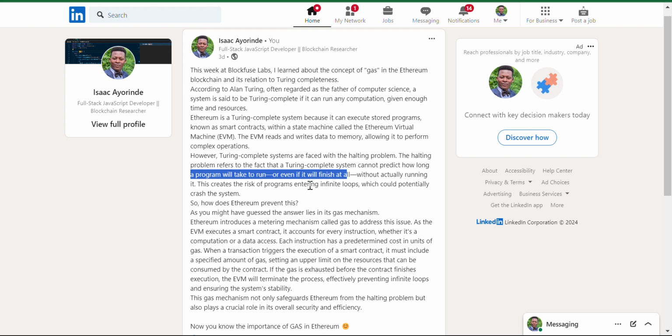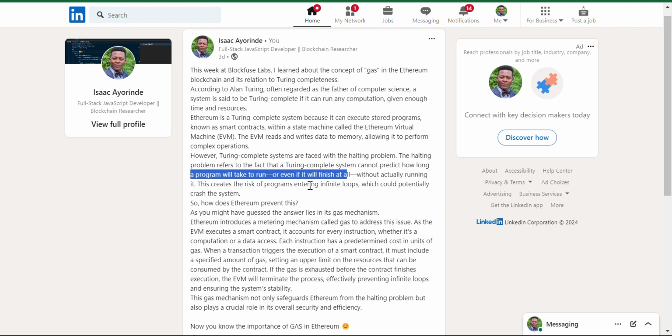So how does Ethereum prevent this? As you might have guessed, the answer lies in its gas mechanism. Ethereum introduces a metering mechanism called gas to address this issue. As the Ethereum Virtual Machine executes a smart contract, it accounts for every instruction, whether it's a computation or data access.